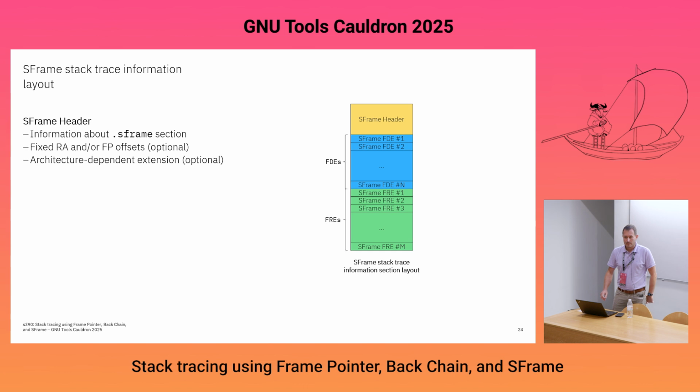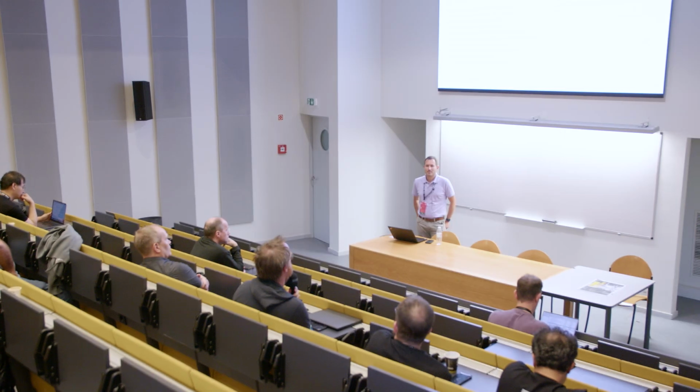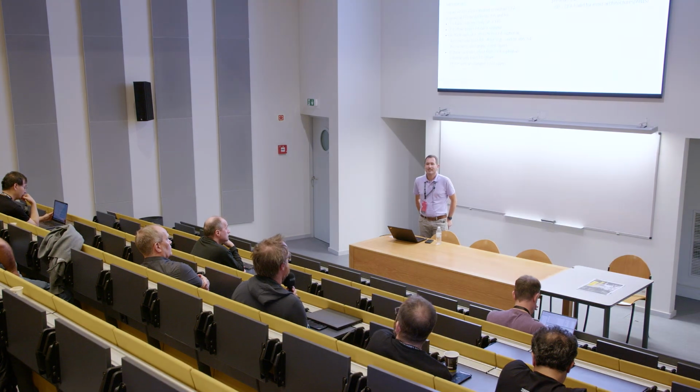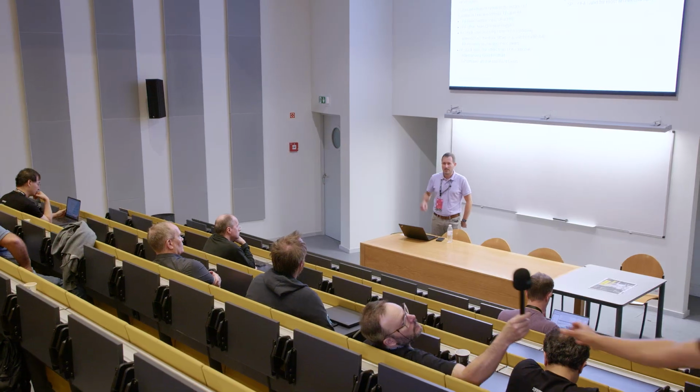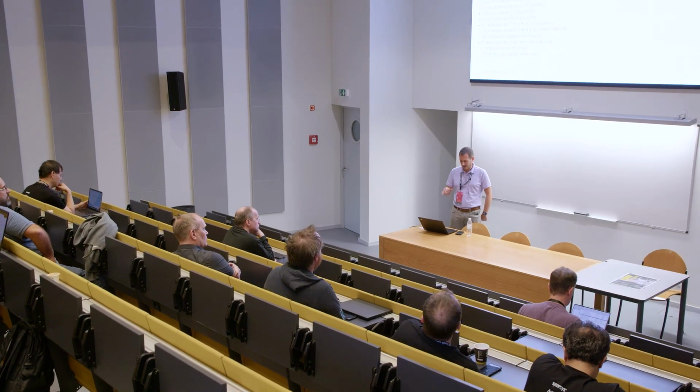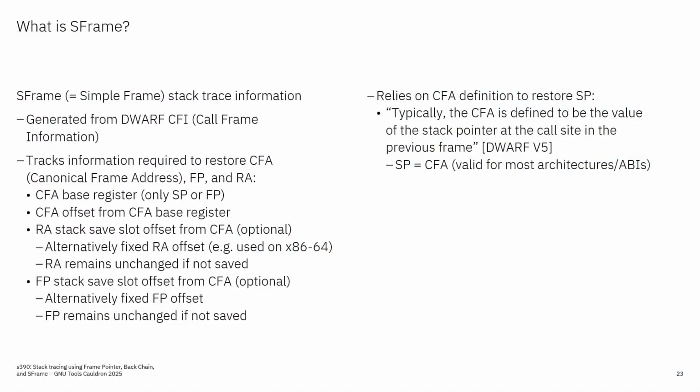It says typically, so you can define whatever you want in your ABI. If something else makes sense for your ABI, the CFA can be whatever makes sense for you. Yeah, but my understanding is that most ABIs follow this. That's why I kept this typically, because we will come to what s390 does.